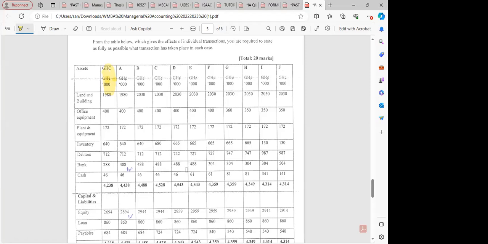Those who owe us, those that owe the business. If what they owe is going down by 15, then it's clear that they have paid part of what they owe you. That's why how much they owe you is going down.